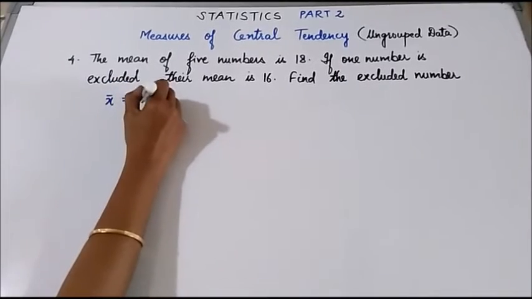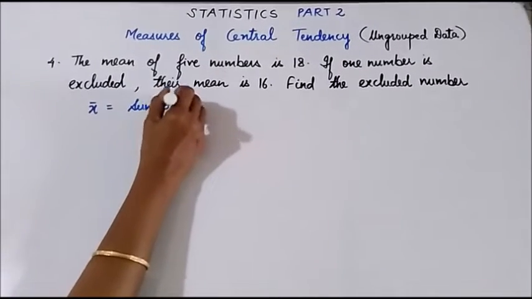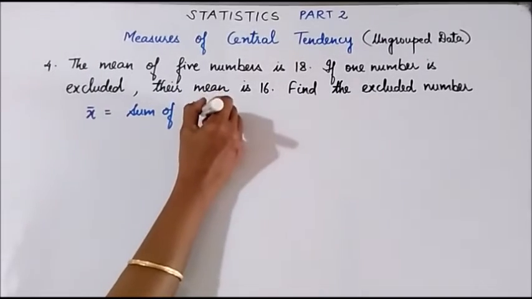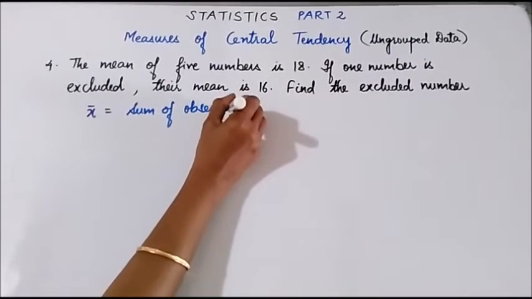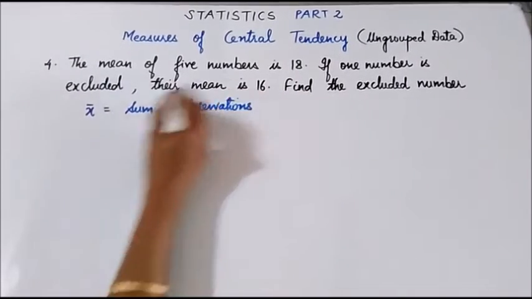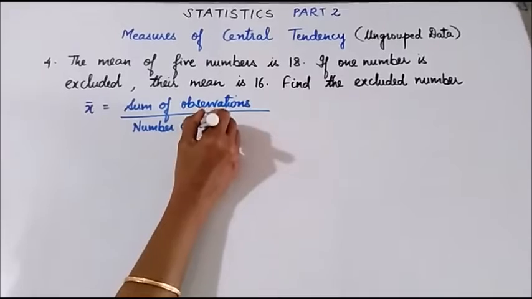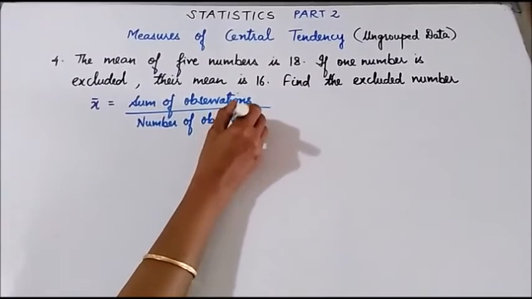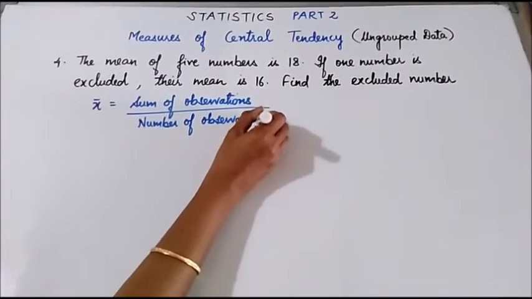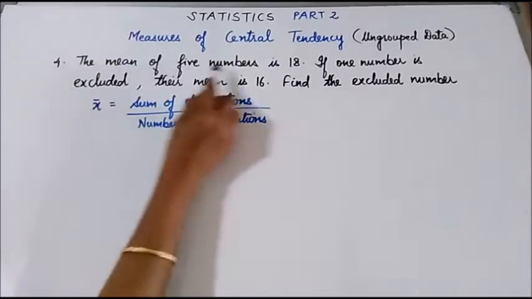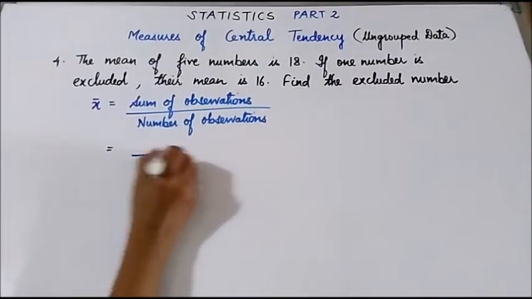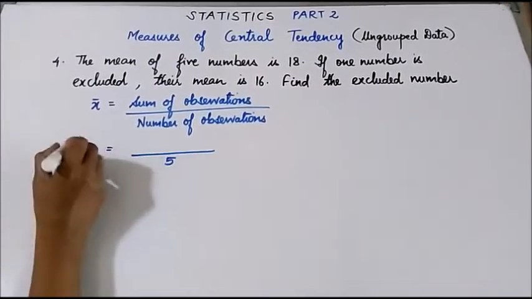Now here we have the mean of 5 numbers is 18. Mean is equal to the sum of observations divided by the total number of observations. What is given? Mean of 5 numbers. So here we get 5 numbers.